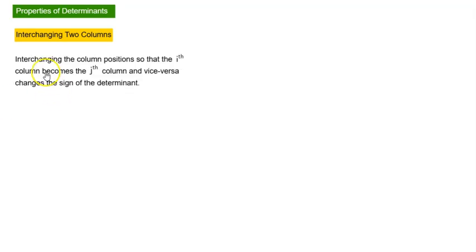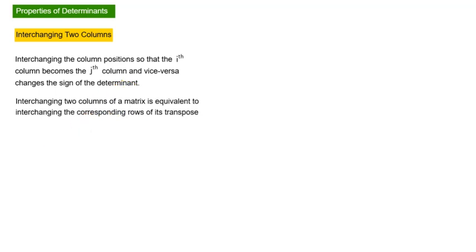Interchanging two columns. Interchanging the column positions, so that the ith column becomes the jth column and vice versa, changes the sign of the determinant. Now, how do we prove this? Interchanging two columns of a matrix is equivalent to interchanging the corresponding rows of its transpose.